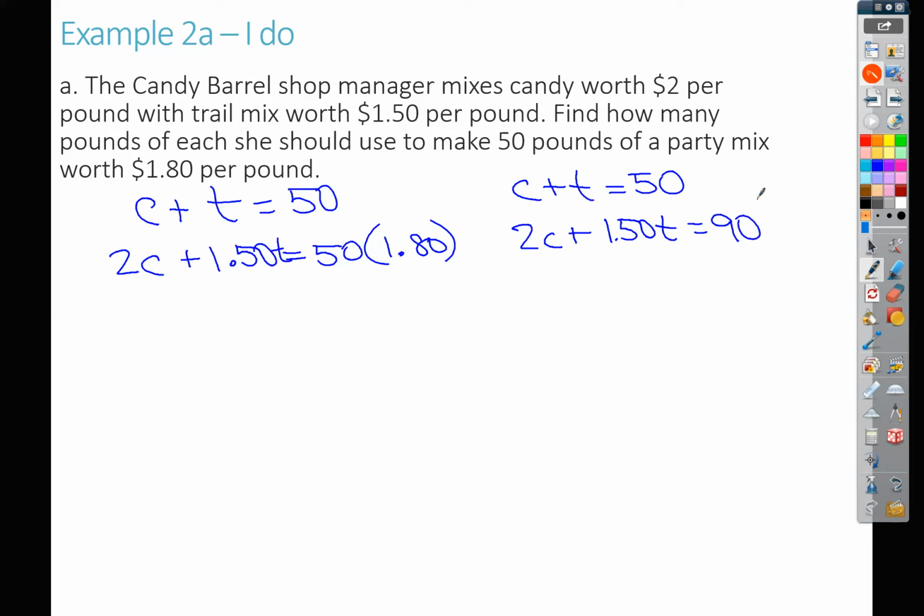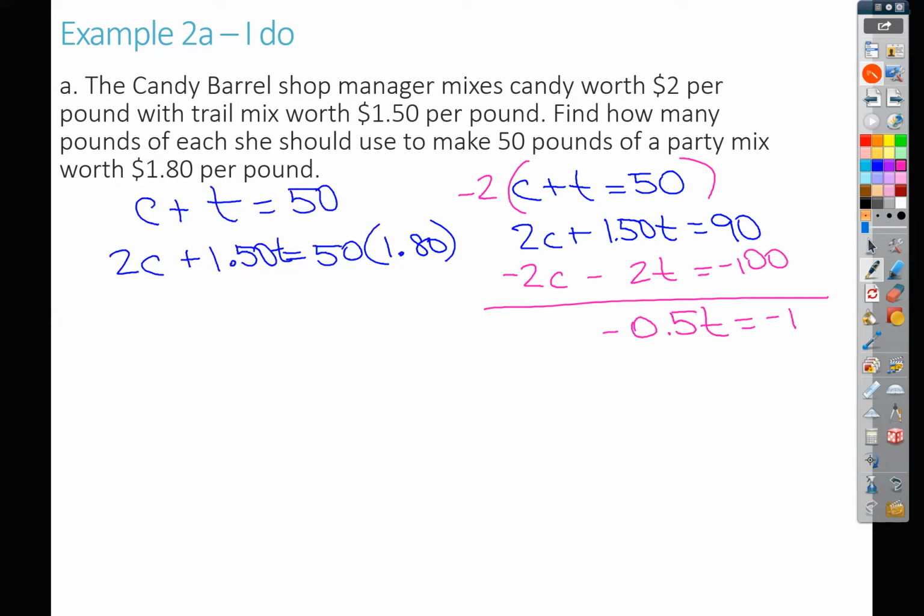All right, so I'm going to use elimination to solve. I am going to multiply this top equation by -2, so I get -2c minus 2t equals -100. I'm going to get -0.5t equals -10. If I divide both sides by -0.5, I get the trail mix needs to be 20 pounds.